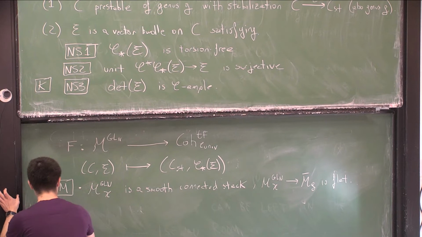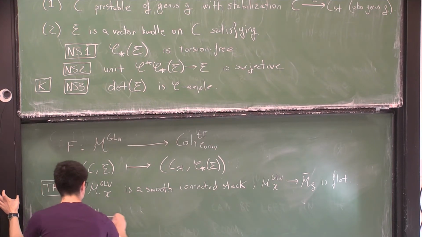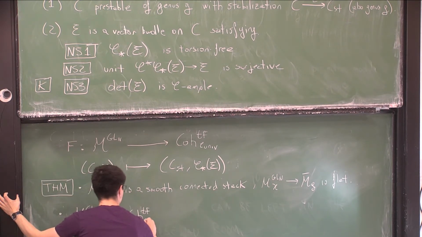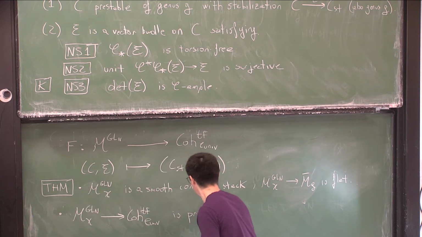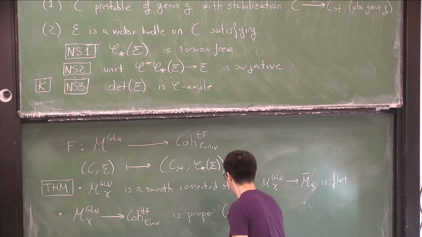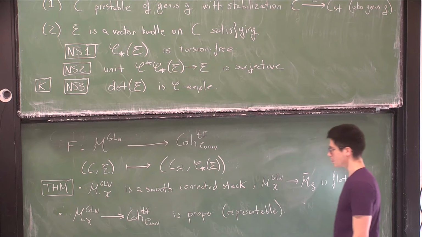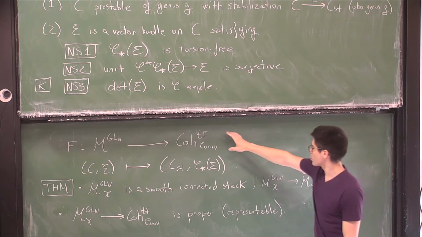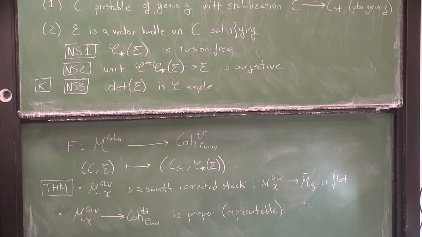The more important theorem is that this map is proper and representable. So what we're doing is taking the first compactification in terms of torsion-free sheaves, and resolving the singularities a bit. It turns out that this gives you a bit of mileage.